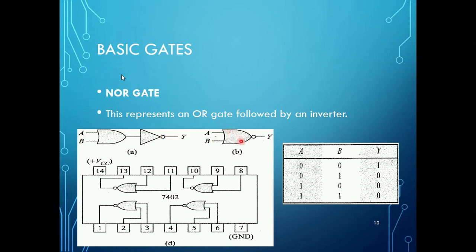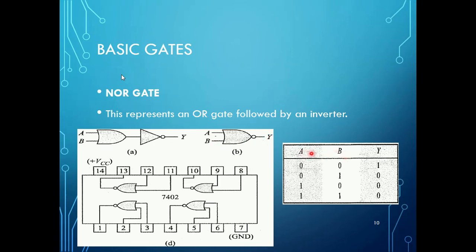So what is a simplified form of a NOR gate? Instead of representing it this way, you can also represent a NOR gate using a simplified form, that is an OR gate with a bubble at the output side. A and B are the inputs, and Y is the output.